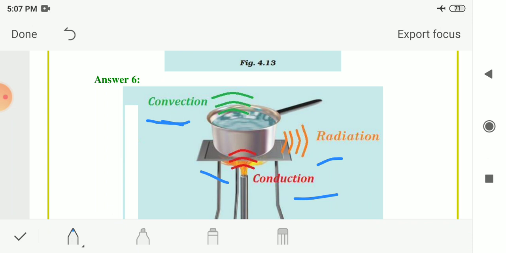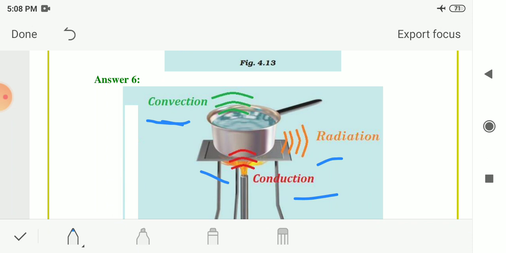If you feel around the pan, you will find some hotness, so it is also by the process of radiation. In the keywords we had also seen that conduction is transfer of heat through direct contact. That means the pan gets heated by the process of conduction. Then in convection we had seen that it is the process of transfer of heat through the movement of liquid or gas.